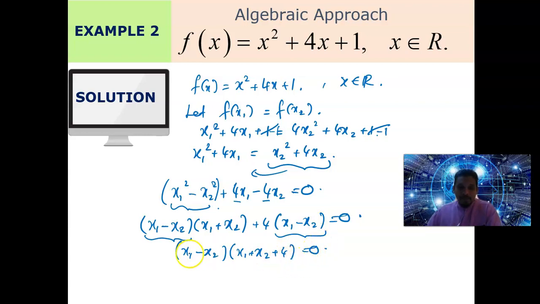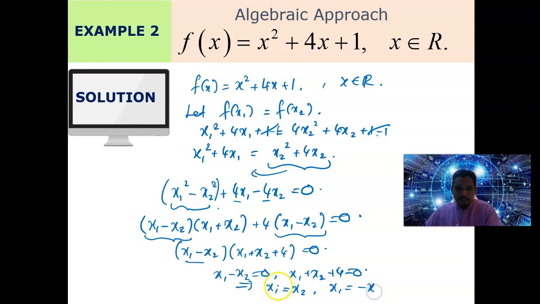So from here, we have x1 minus x2 equal to 0 and x1 plus x2 plus 4 equal to 0. So then x1 equal to x2 and x1 equal to negative x2 minus 4. So there are two values of x1, which are x2 and negative x2 minus 4.